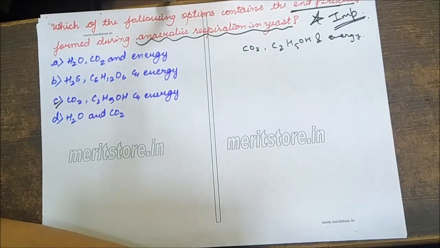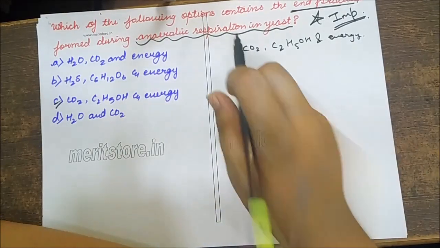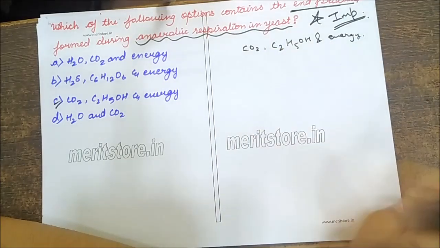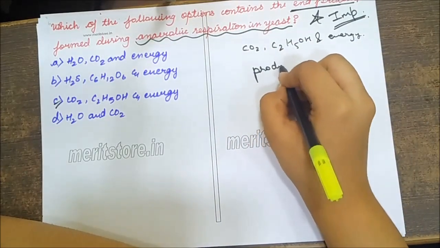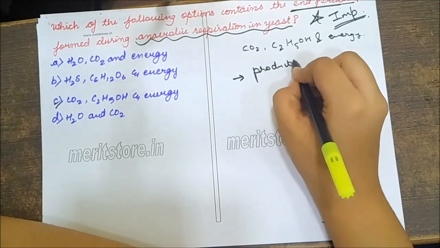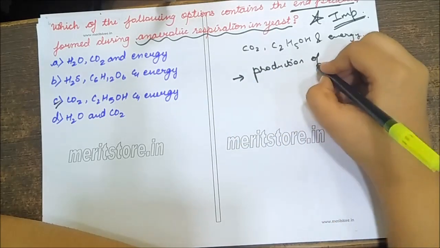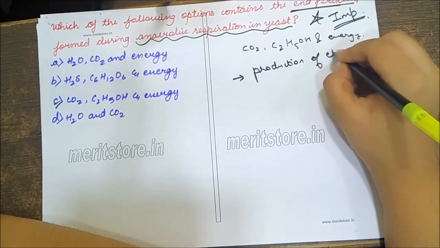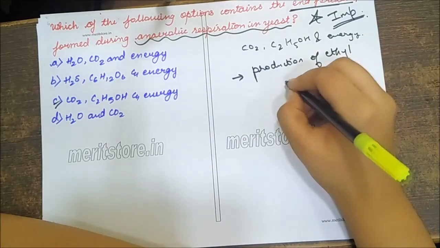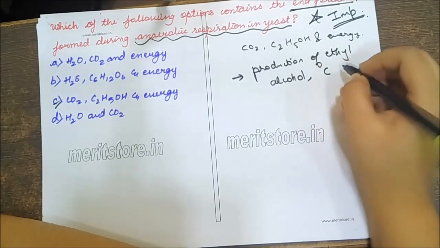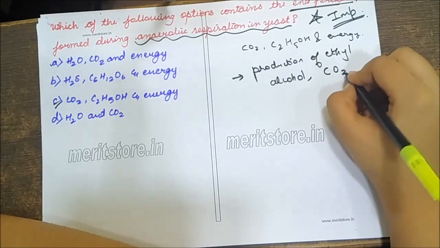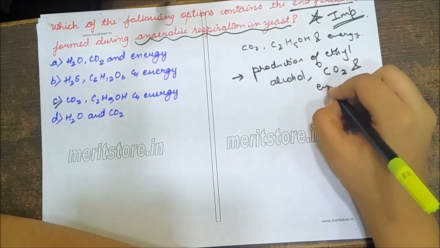Let's know how. Anaerobic respiration in yeast results in the production of ethyl alcohol, carbon dioxide, which is CO2, and energy.